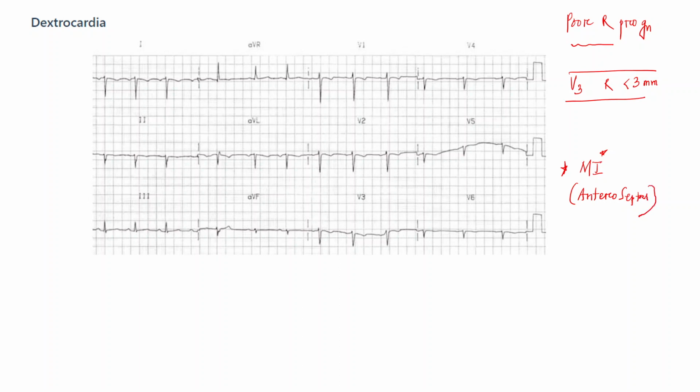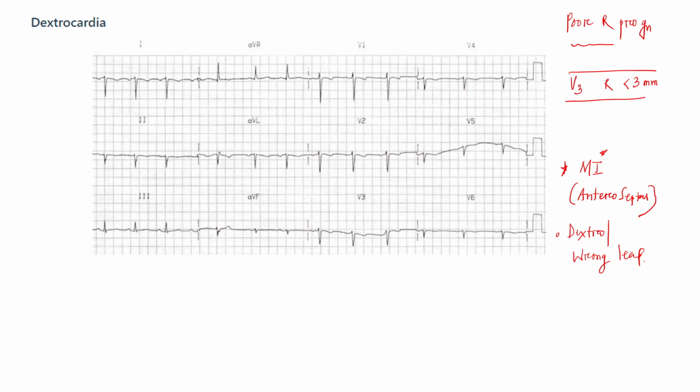But if we are getting a poor R wave progression, it can be MI. Apart from that, which other causes? Again, those two causes: dextrocardia or wrong lead placement. These things also can cause poor R wave progression.